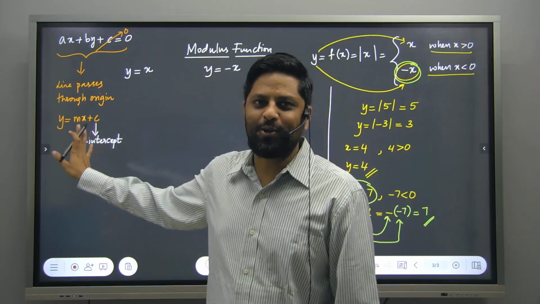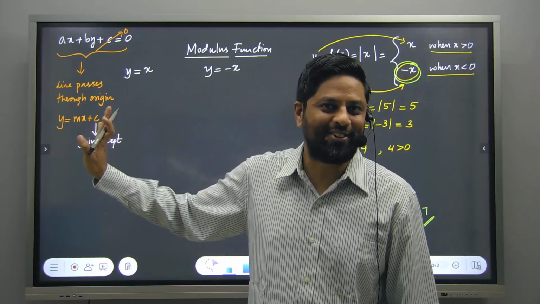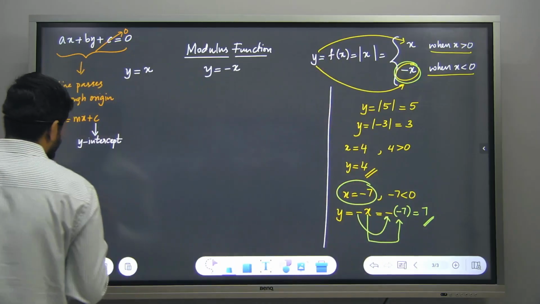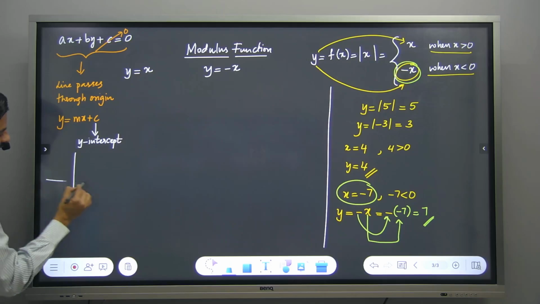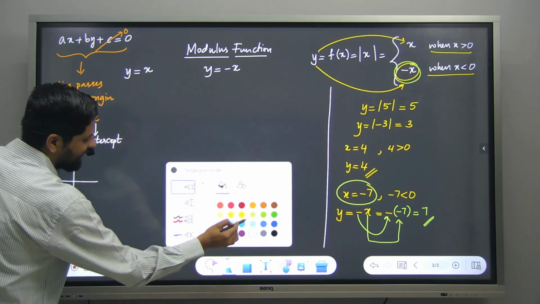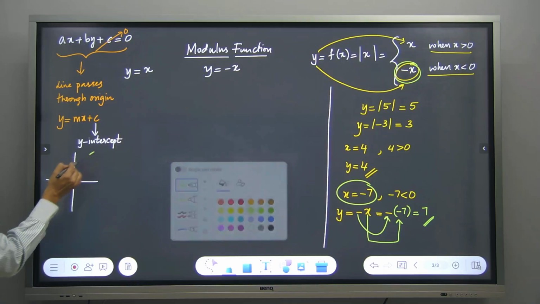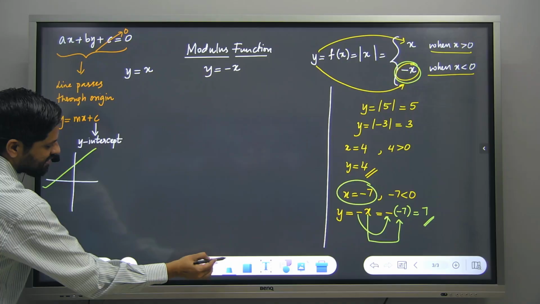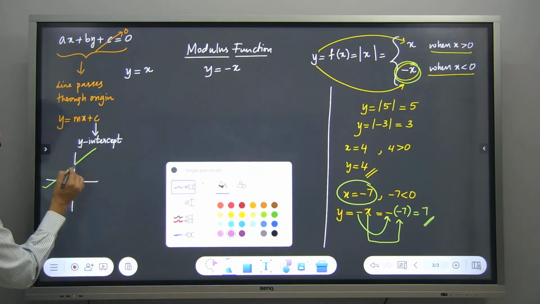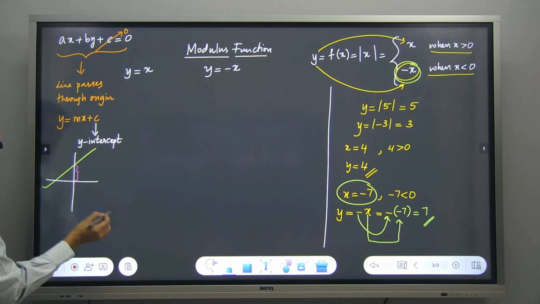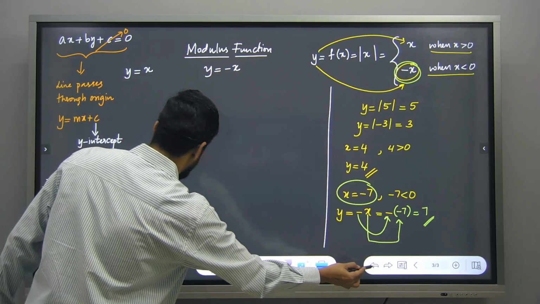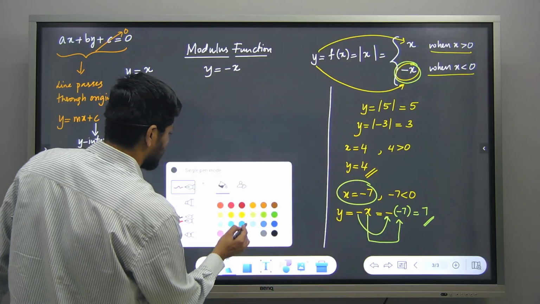I don't want to discuss anything from first year, so I'll not go into it. Y-intercept is basically, whenever you have a line, it cuts the y-axis. The distance from the point where it cuts the y-axis to the origin is going to be called your y-intercept.